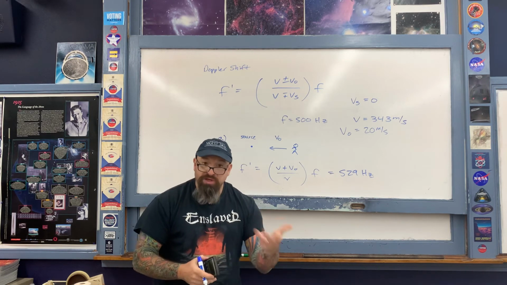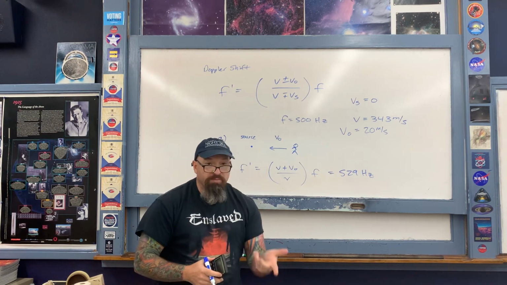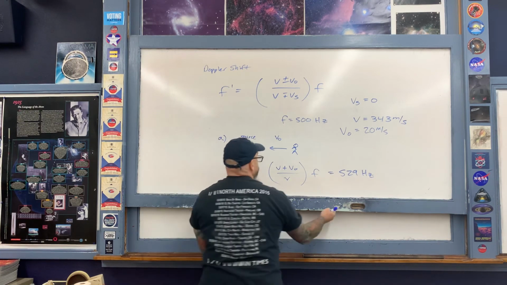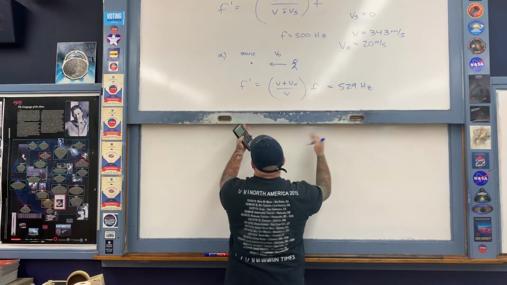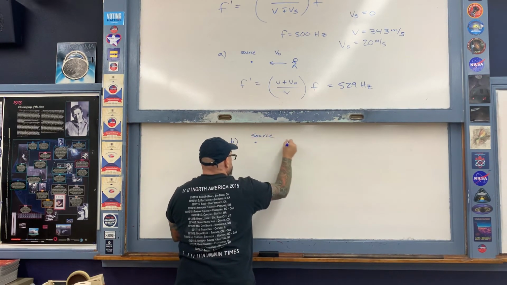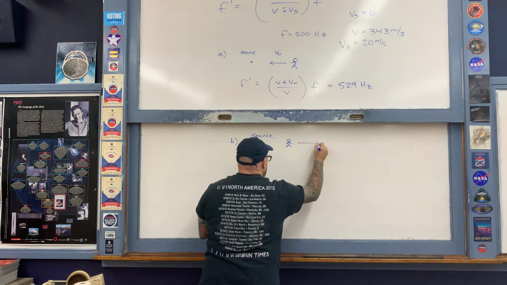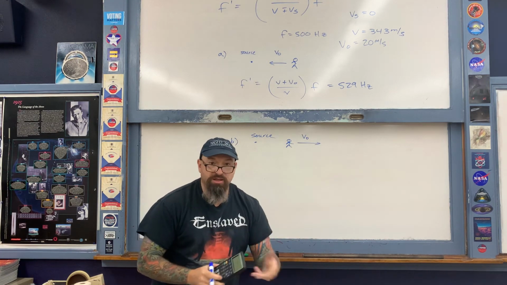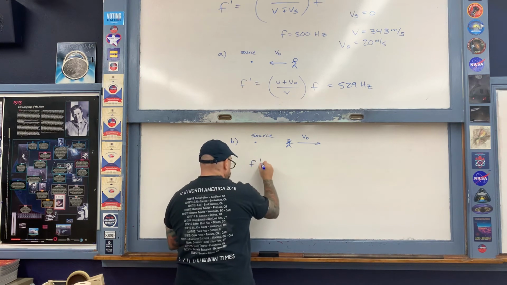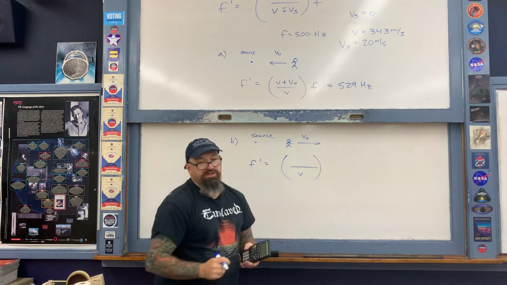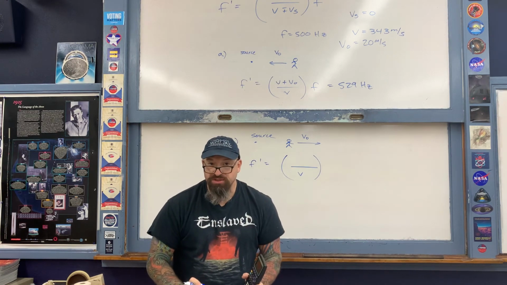Then in part B of the example, it asks, what happens if the observer moves away? Well, picture it like this. Once again, here's the stationary source, but now the observer in the car is moving away with the speed VO of 20 meters per second. Now let's construct our equation. In the denominator, once again, we just have the speed of sound V because the source is stationary.